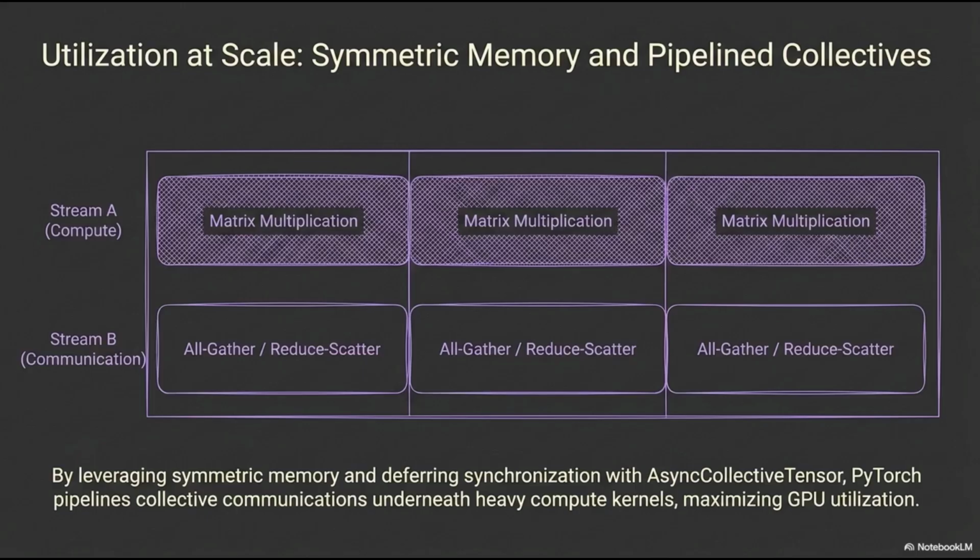Critically, we can concurrently pipeline collective communication operations, such as all-gather or reduce-scatter, on Stream B, underneath these heavy compute kernels. This efficient overlap is realized by leveraging symmetric memory architectures and deferring synchronization. PyTorch, through its async collective tensor feature, facilitates this pipelining, ensuring that communication overhead is hidden. The result is a substantial maximization of GPU utilization as computation and communication proceed in parallel.